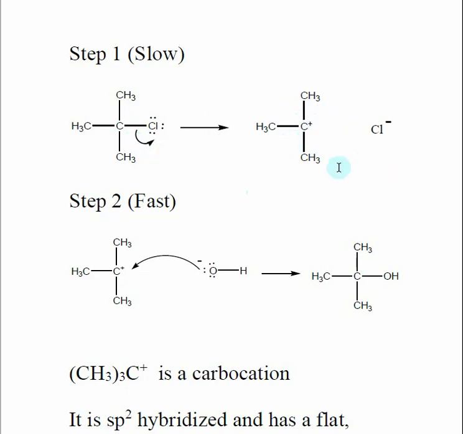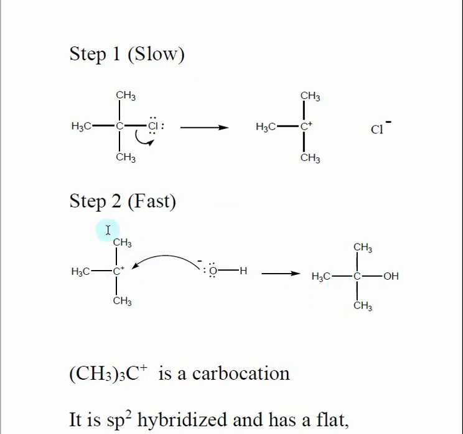We're going from stability to instability. That's hard. That's why the first step is slow. But in the second step, we are going from a species with a violated octet back to a species with a non-violated octet. So the octet rule is being followed. That's why this second step is fast, because we're going from a less stable to a more stable state.